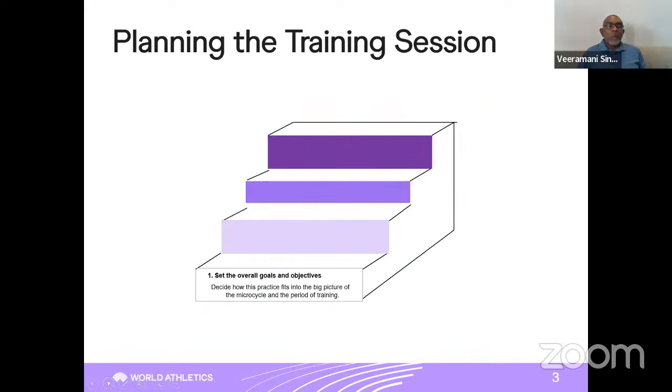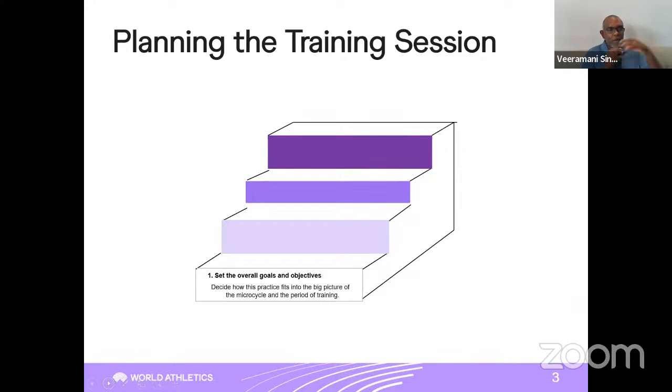So what we do when we are about to plan, we will always set the overall goal and objective. This is how we want to ensure it fits into the bigger picture of the microcycle and the period of training. Why is it very important? Because each unit in combination will create a session.